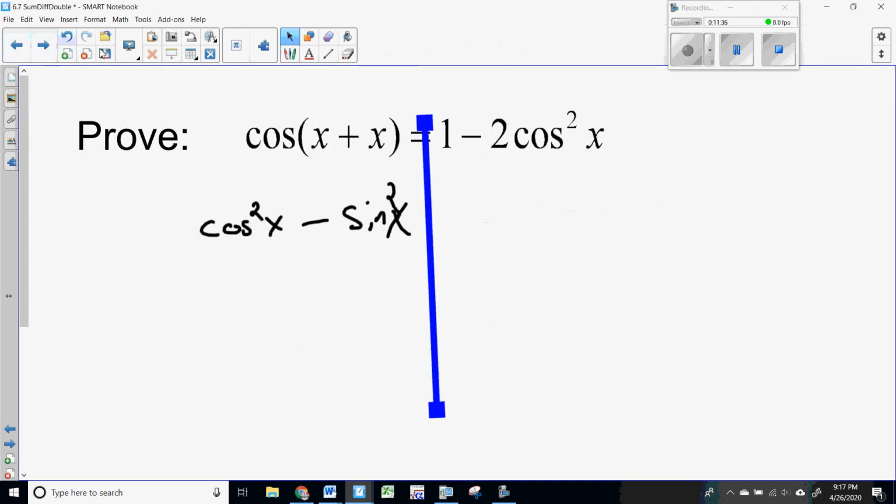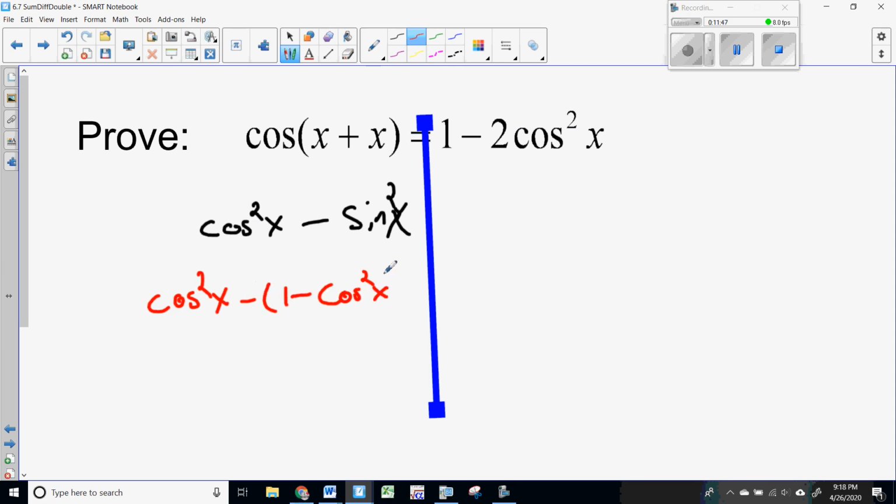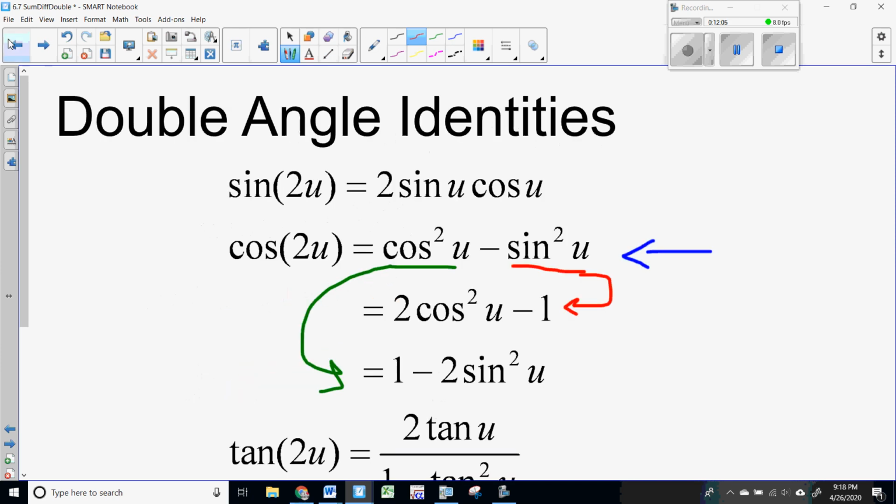Now, if I change my sine squared to 1 minus cosine squared from our fundamental trig identities, this is going to be minus and plus, and so we get 2 cosine squared minus 1, and there is what our identity should be.